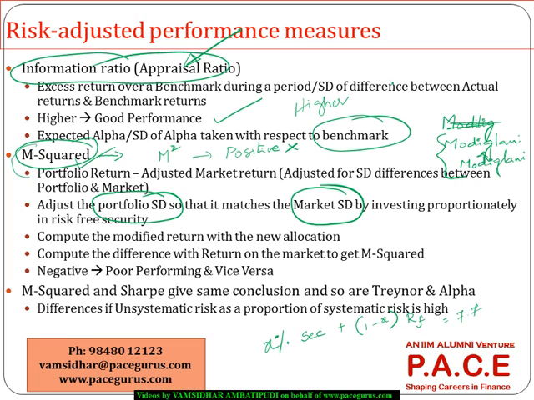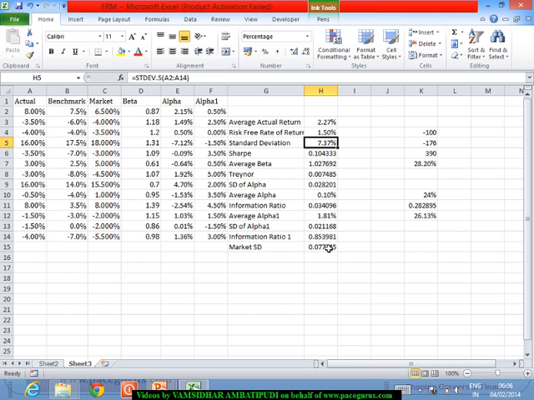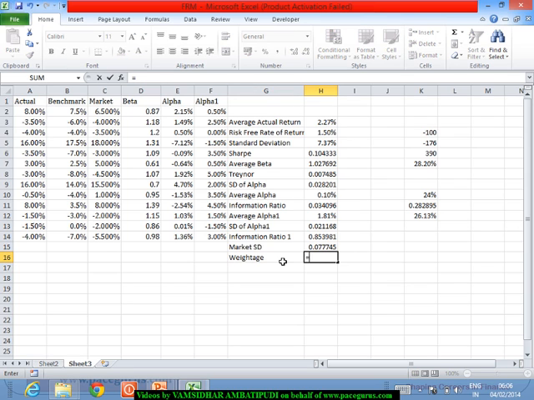Because the standard deviation of a risk-free security is 0, the weight that you have to give to the security is nothing but the ratio of the market standard deviation to the security standard deviation. So the weightage that you have to give to the security is the market standard deviation divided by the security standard deviation.